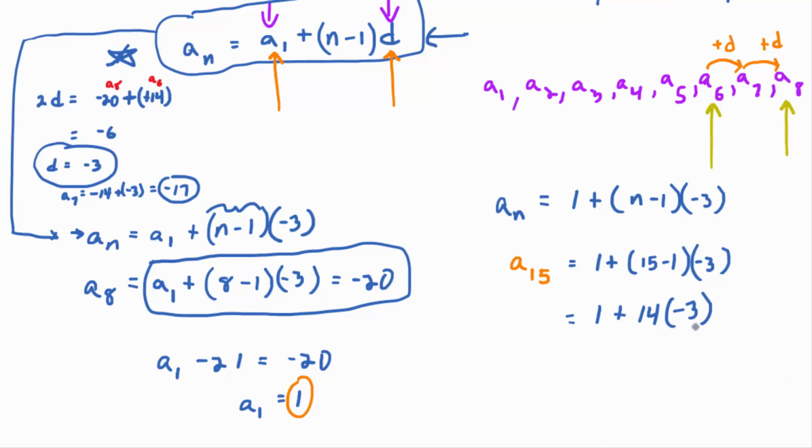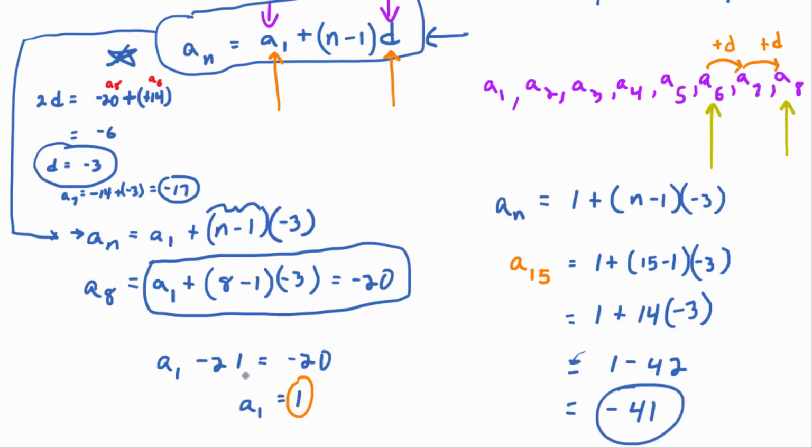What's 14 times negative 3? 42. So, let's call it 1 minus 42. Yep. So we get negative 41. So there's your A15.